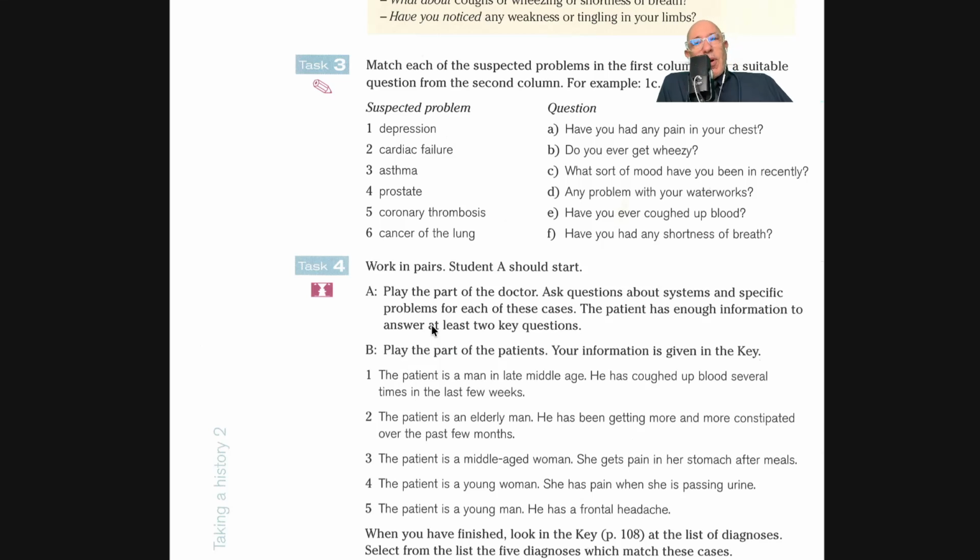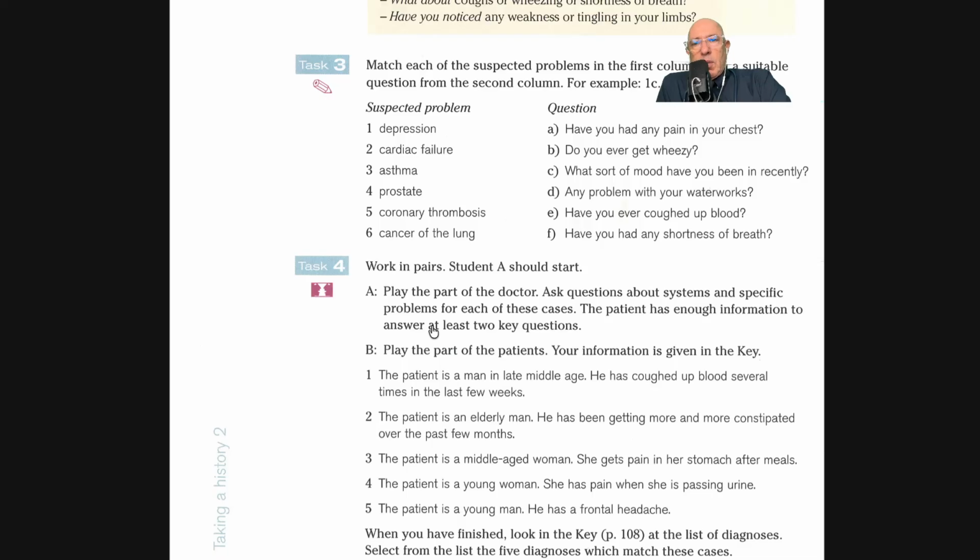The question would be A. Any pain in your chest? 6, cancer of the lung. The best answer would be E, have you ever coughed up blood?